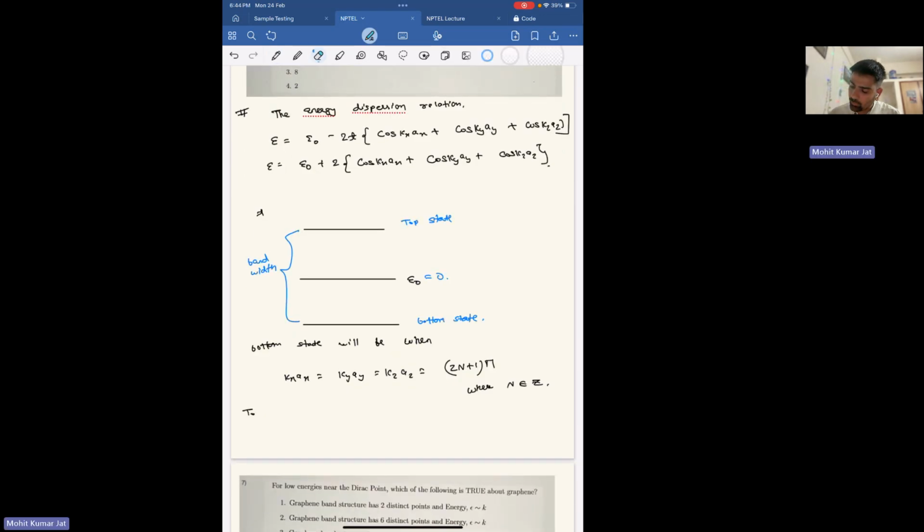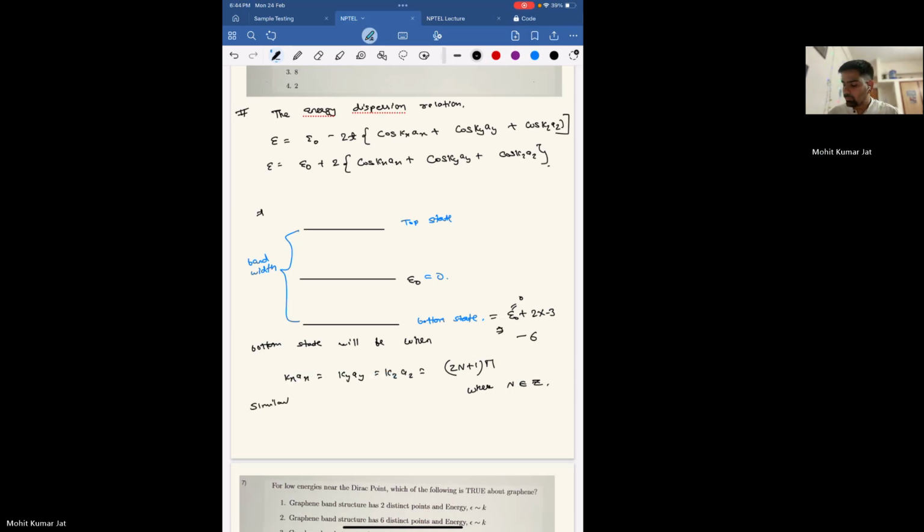So bottom state energy will be equal to E naught plus 2 times -3. E naught is 0 already, so this will be -6.